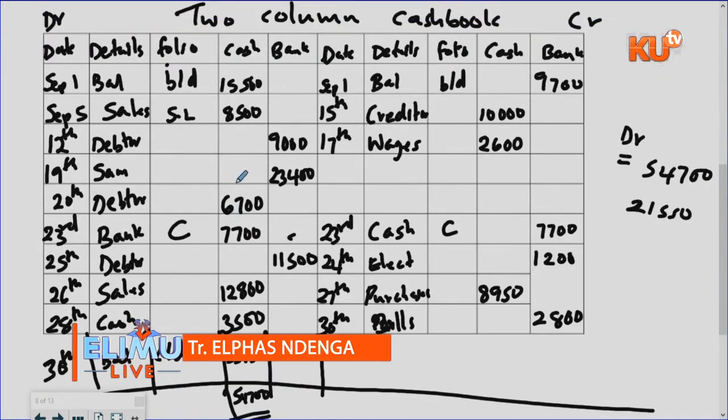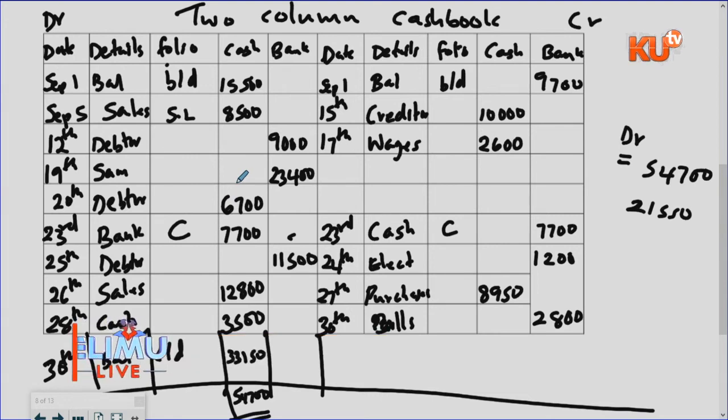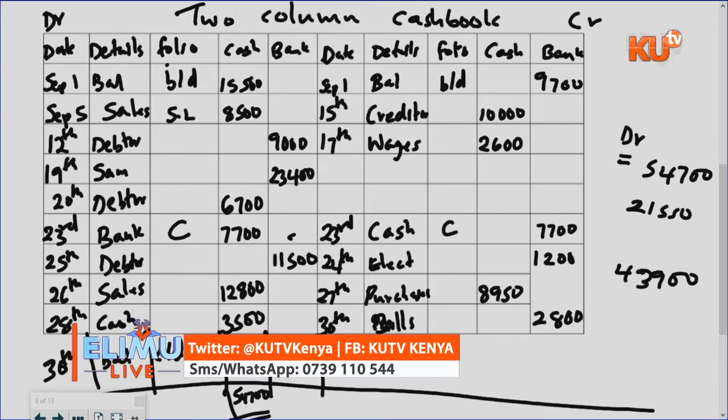On the debit side, we have 9,000 plus 23,400 plus 11,500. 43,900. Let's compare it to the credit side. 9,700 plus 7,700 plus 1,200 plus 2,800. $29,400.